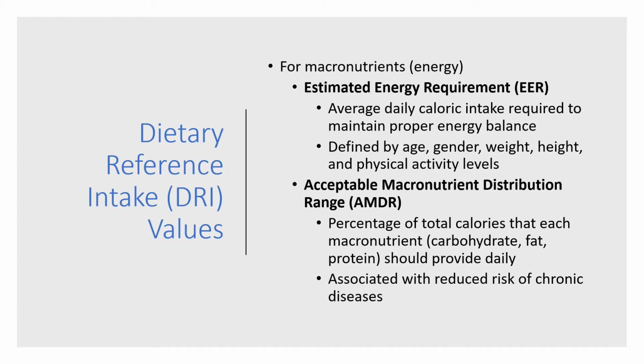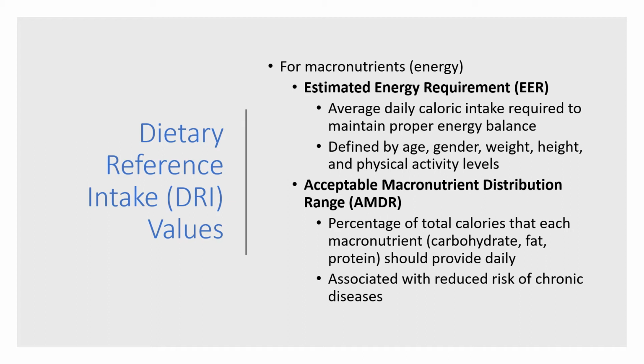Whereas somebody who is trying to compete for world's strongest man or woman would probably want to eat more like 30% of their calories from protein. So there is flexibility within the AMDR.